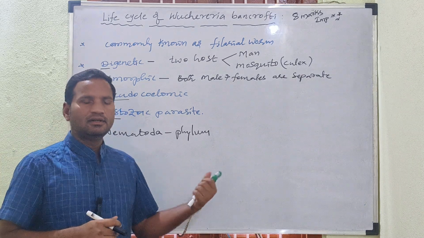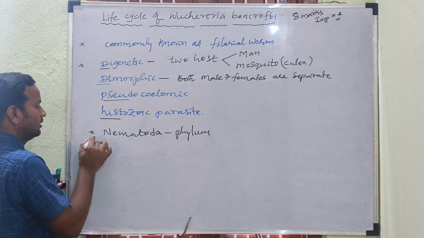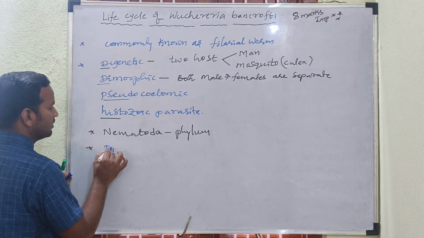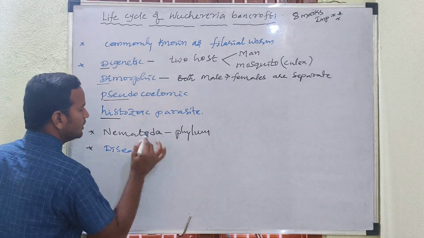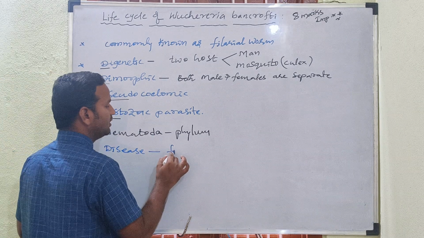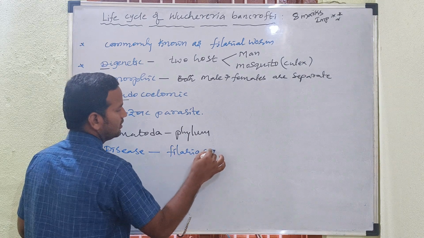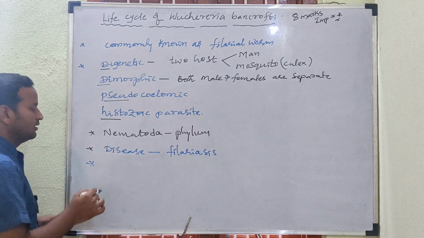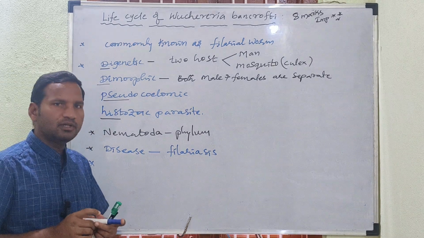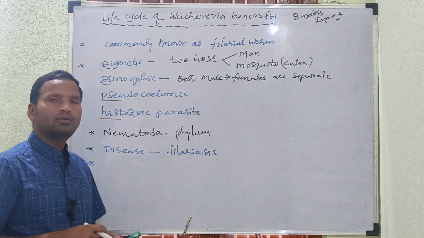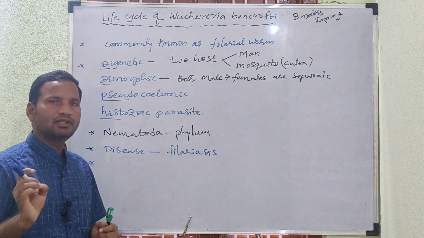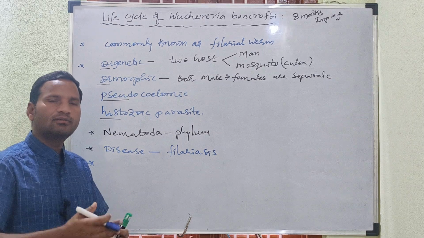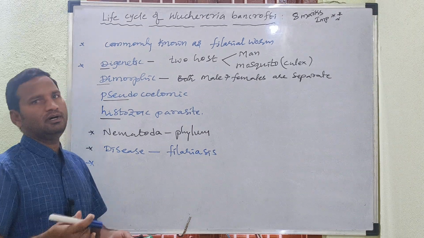The next one is the disease it causes, which is called filariasis. How does it spread from one person to another? Already I told you: the female Culex mosquito can transfer it from one host to another host.